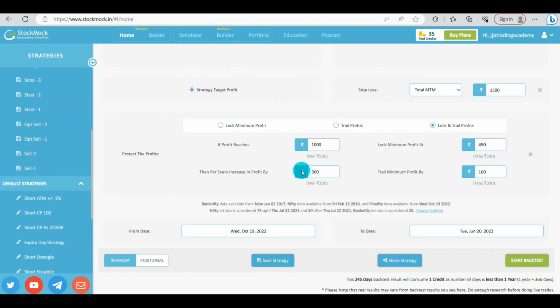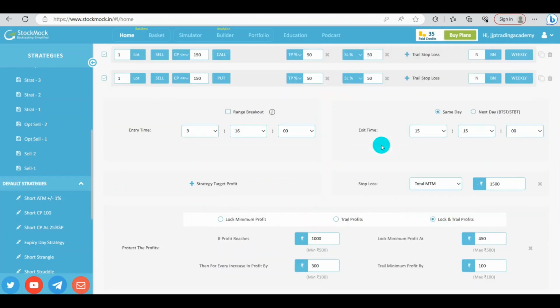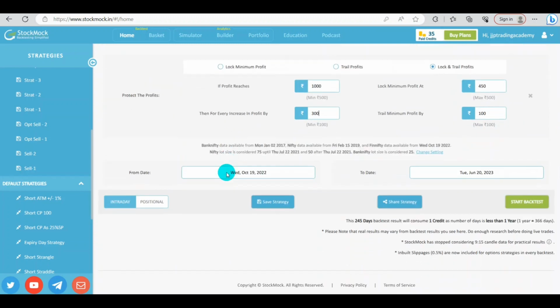And for each and every 100 points after reaching 1000, if the profit is increasing, then I just need to trail with 50. For example, you can give a maximum of 100 here. This is fixed, and I am giving 300 here: for each and every 300 extra profit after the 1000 is reached, it will trail that locked profit with a minimum of 100. This is how the trailing will be helpful for everyone, because with both legs combined this trailing is working, so it will be more helpful.